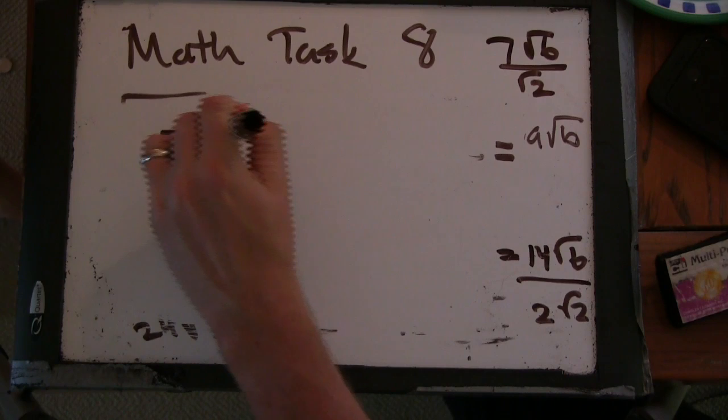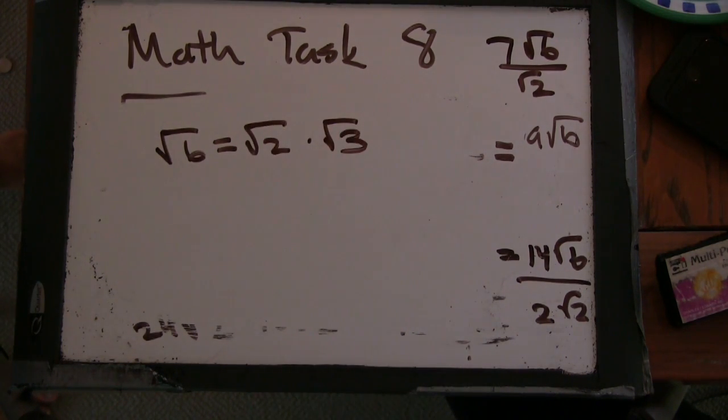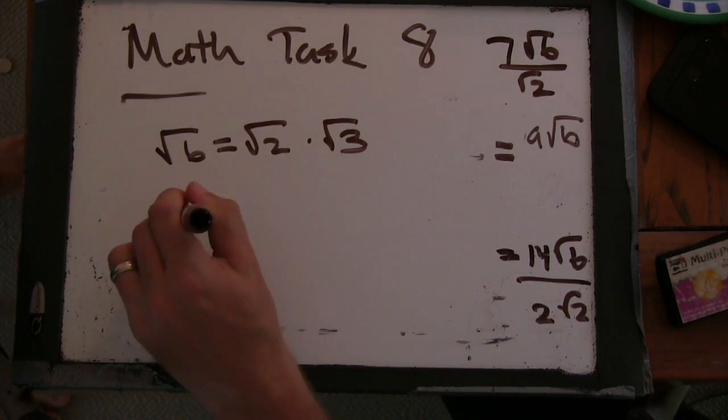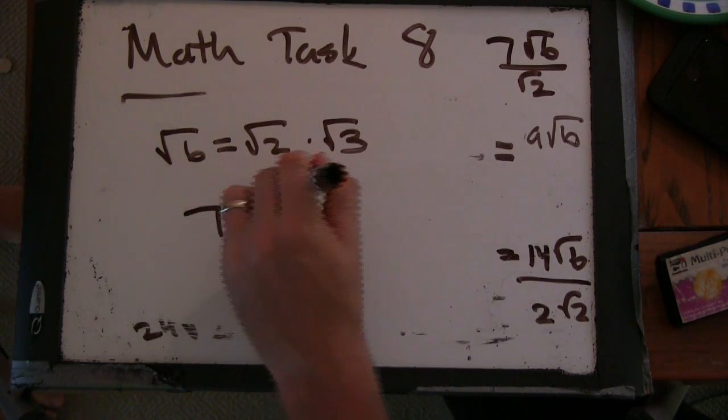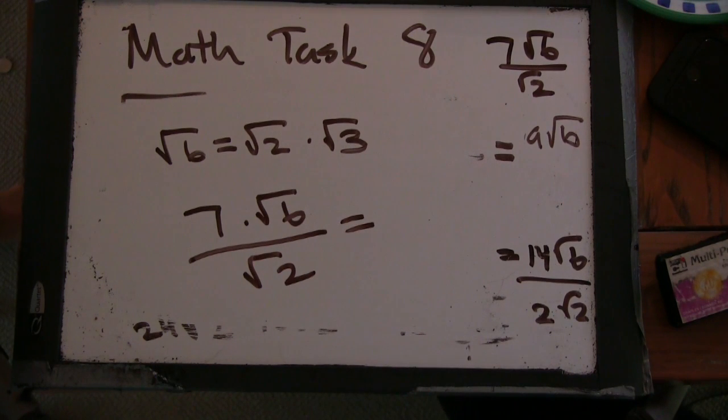The square root of 6 is equal to the square root of 2 times the square root of 3. So that would be 7 over the square root of 3. 7 times the square root of 6 over the square root of 2 equals what?